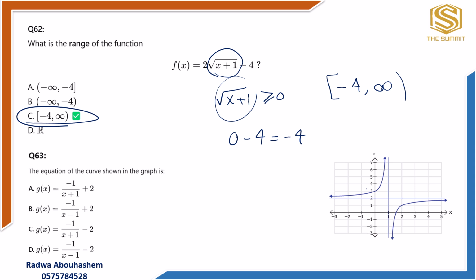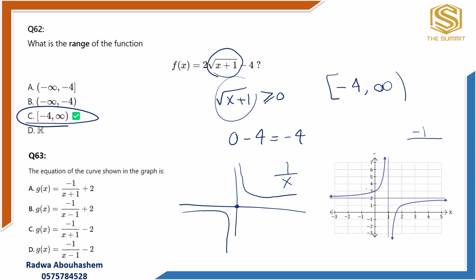Now, the equation of the curve shown on the graph. Okay, let me check here. Originally, this is the reciprocal function, or the rational function. It was like this. We have an asymptote at 0, right? And as you see here, the graph is inverted, or sorry, is reflected. So this means that I have to add a negative sign. Good. So this is my parent function: -1 over x.